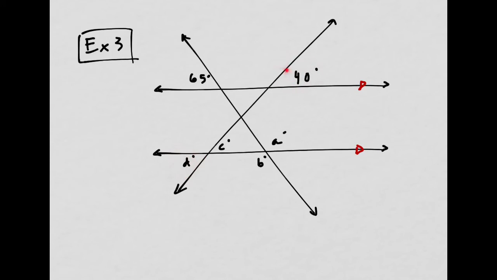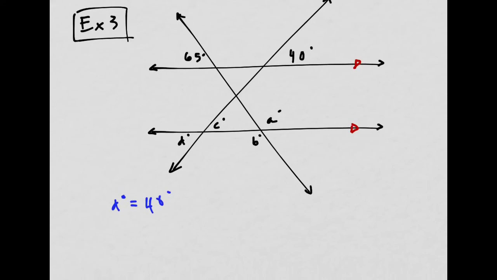So D is 40. D is equal to 40 degrees. That's super simple because if D is equal to 40 degrees, that means also C is equal to 40 degrees. So that's super easy, and we're done with that part.